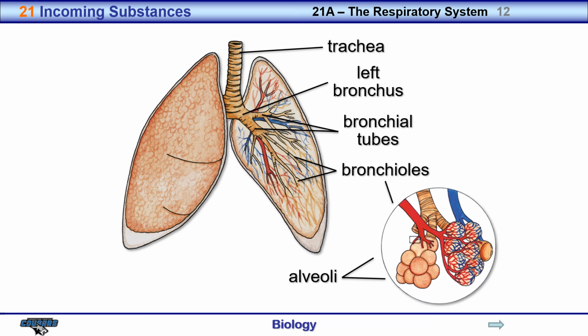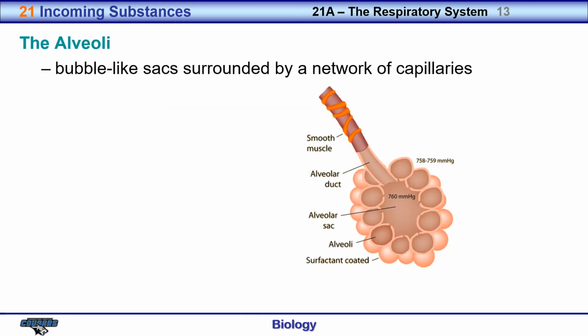Now, the close physical relationship of the alveoli and the blood capillaries provides rapid exchange of carbon dioxide out of the blood and into the lungs, or oxygen from the lungs and into the blood. So they're bubble-like sacs, surrounded by lots of capillaries.